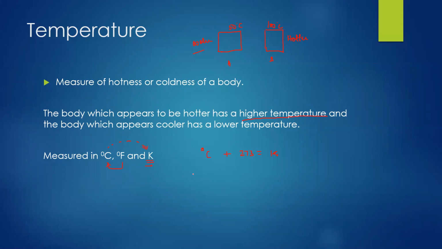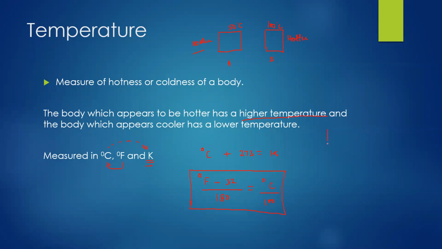For degrees Fahrenheit, we use the formula (degree Fahrenheit minus 32) upon 180 is equal to degrees Celsius upon 100. This is the conversion that you get, and we get it using the equation of a line.